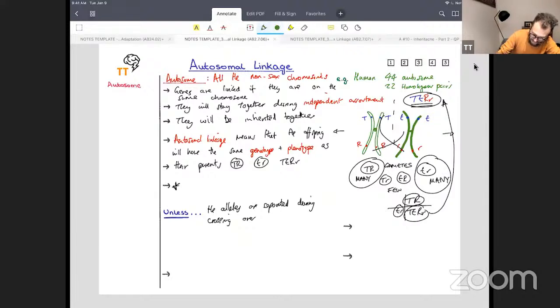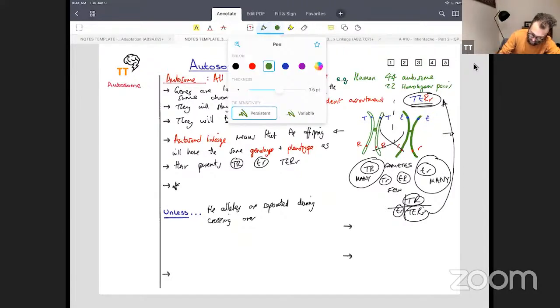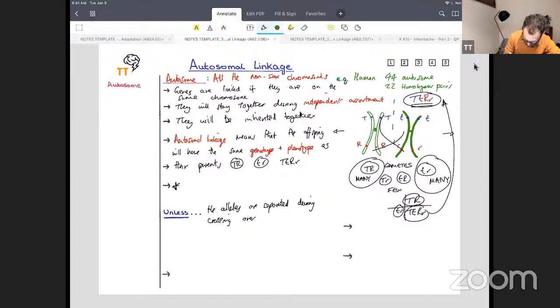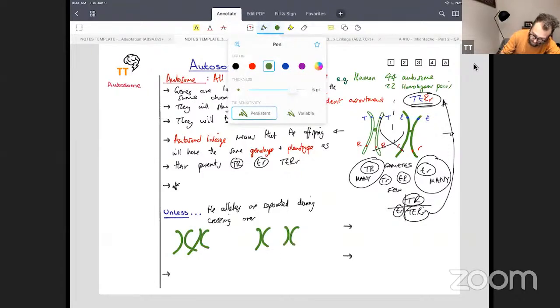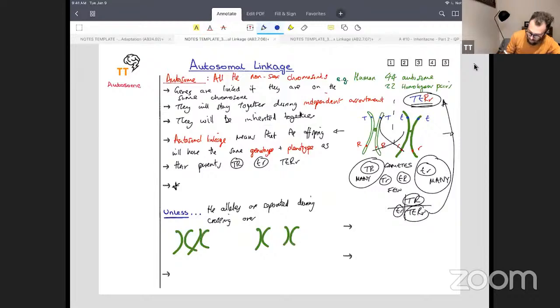Are you going to let me just draw fat chromosomes? It's going to be way quicker if I can just draw them like this. And we've got, what have I done here? I've done big T's at the top, little t, little t.